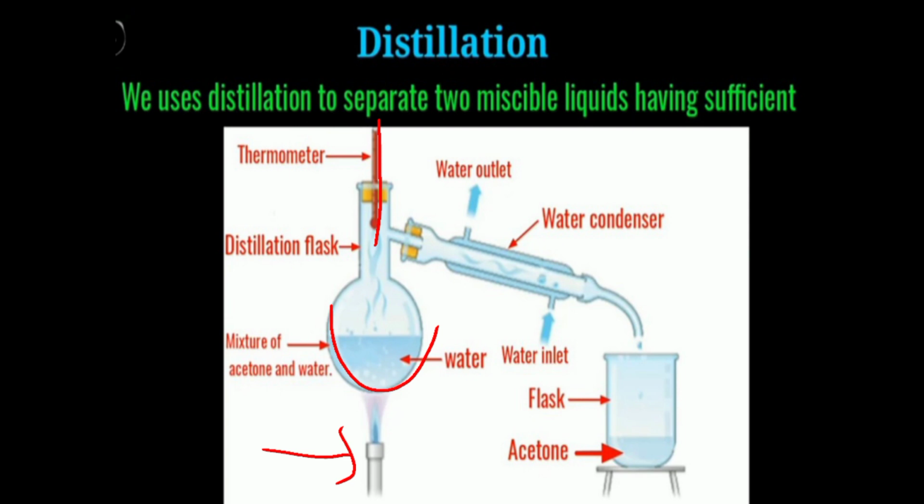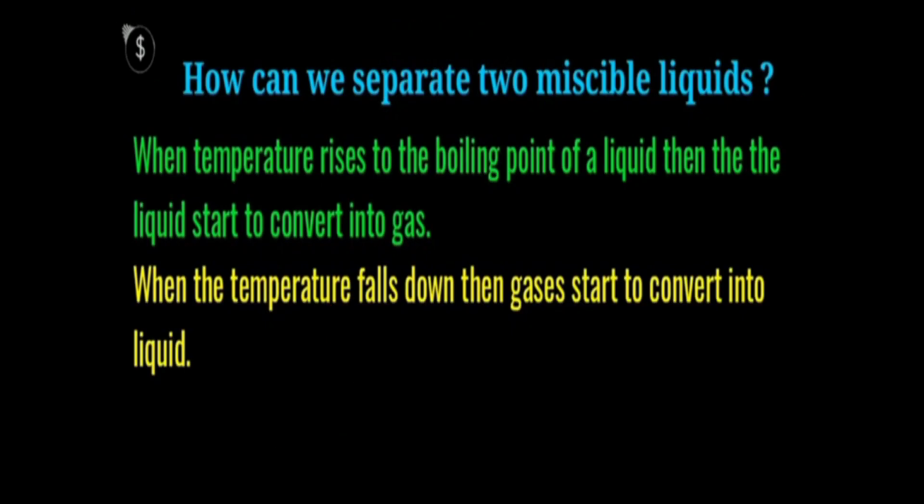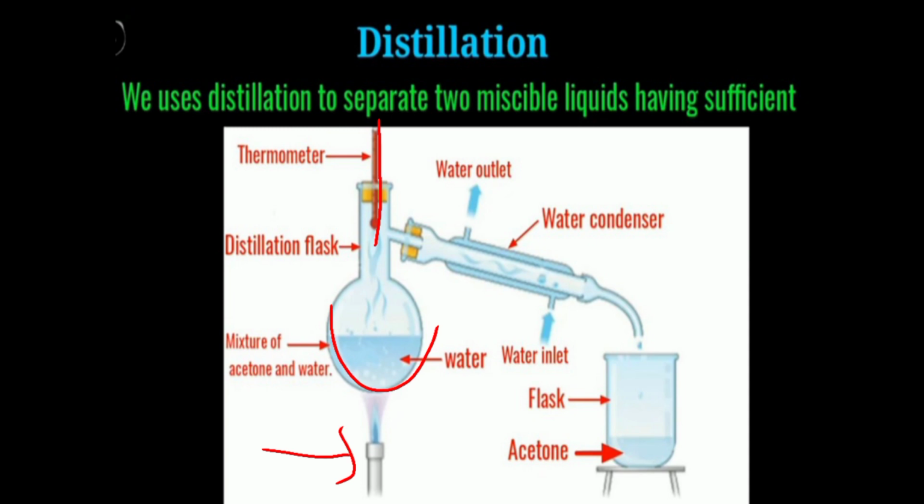Then the acetone vaporizes. As I told you, if the temperature rises, the liquid will start to convert into gas. So as we boil, the acetone starts vaporizing and it condenses in the condenser.